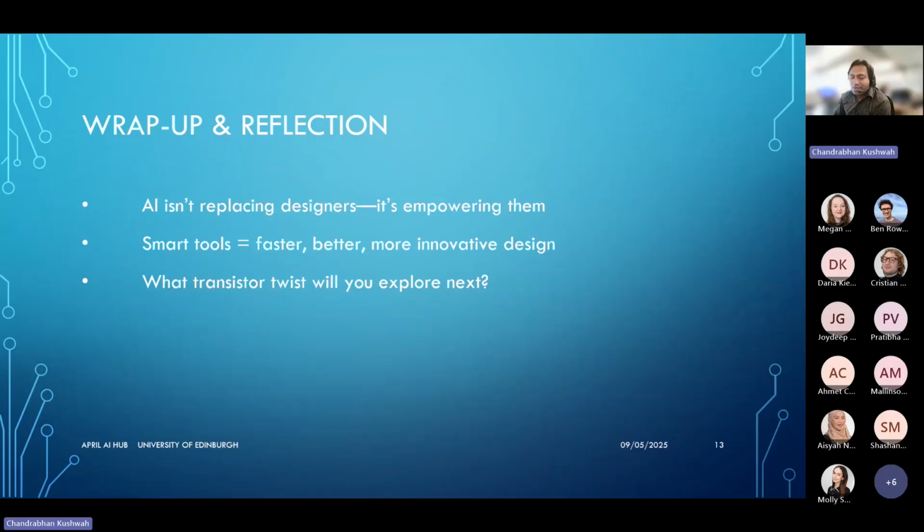And here at April Hub, I'm building an AI tool that can develop a device, or give you the device, as I mentioned in the previous slide. I'm working on the inverse design, where we can find the device with higher simulation speed. We will simulate the design first and generate the data, which is very crucial, because in device design it's very difficult to get data from open source possibilities and also from the industry.